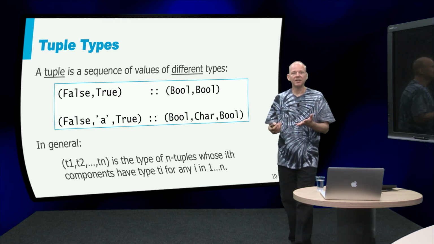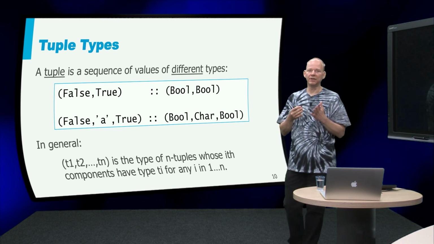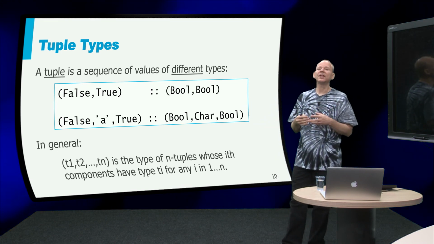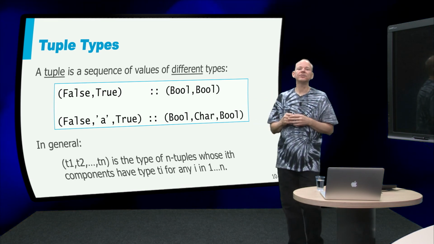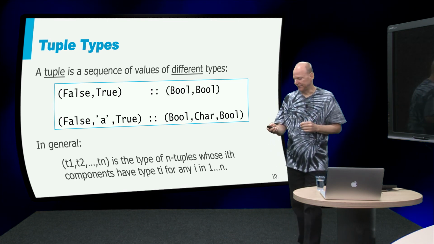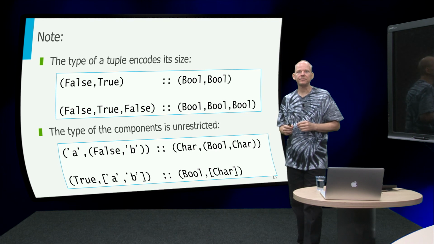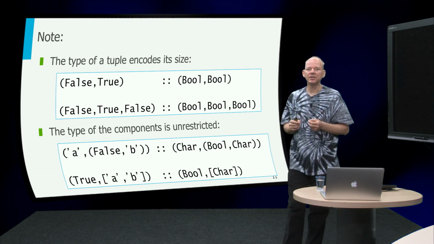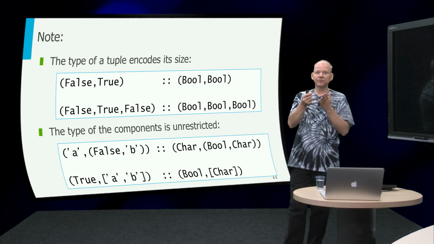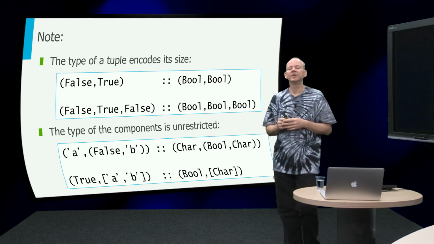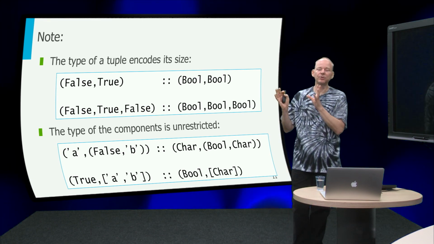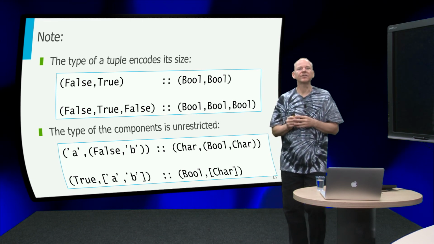And in general, if we have a tuple of type T1 to Tn, that's the type of a tuple that has n values of each respective type T1 up to Tn. So the type of a tuple encodes its size. So True, False, or False, True there has type Bool, Bool. So you see there that the length of this tuple is reflected in the type.